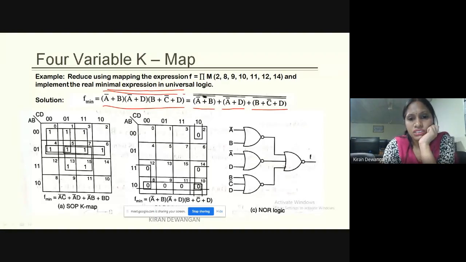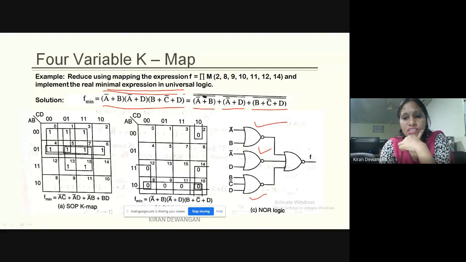Yeah, so this is our A bar plus B NOR, this is our A bar plus D NOR, this is our third term B plus C bar plus D with an OR. Clear? And all the three are given to a NOR gate. So this is how we can implement it using NOR.